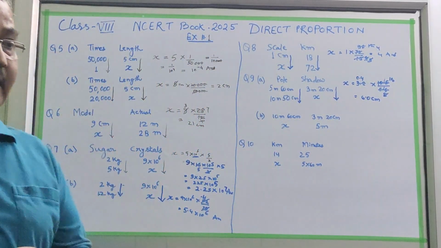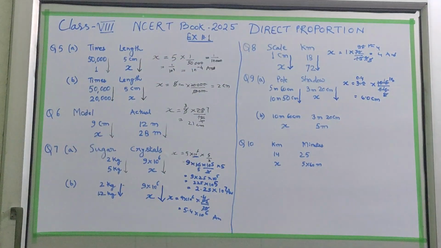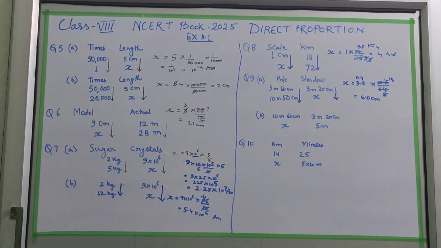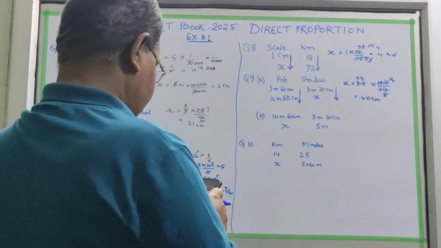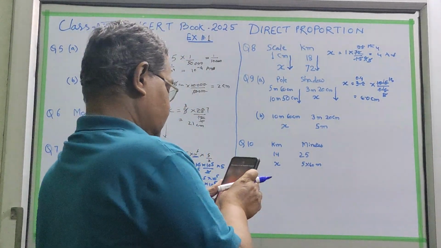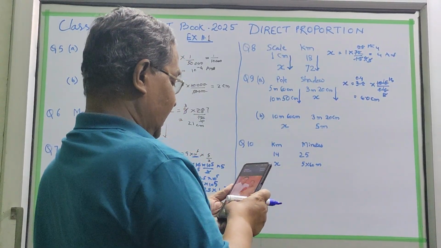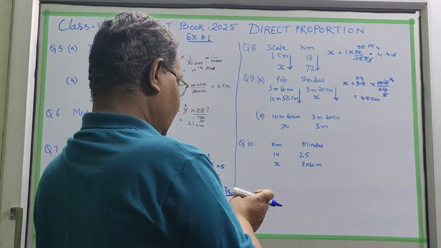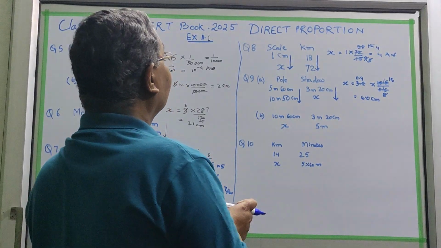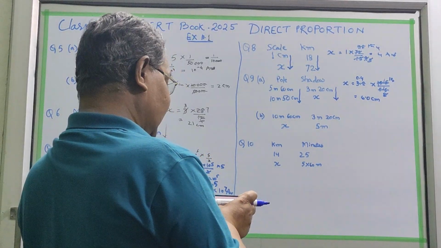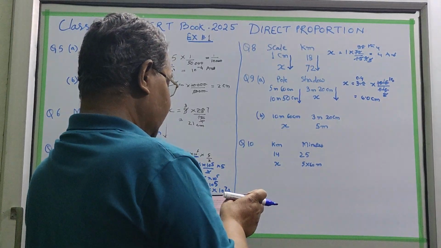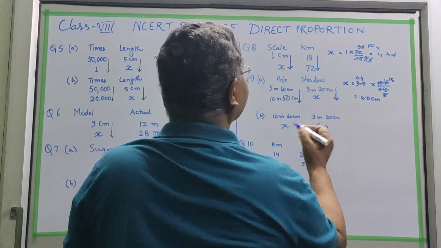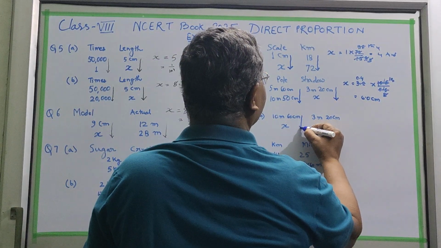Now coming to our next question. Our next part of the question is the height of the pole which casts a shadow of 5 meters; here we have to find out. So here again it is a direct proportion question, so the arrow will be like this only.